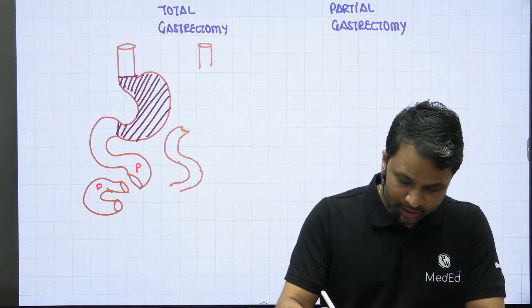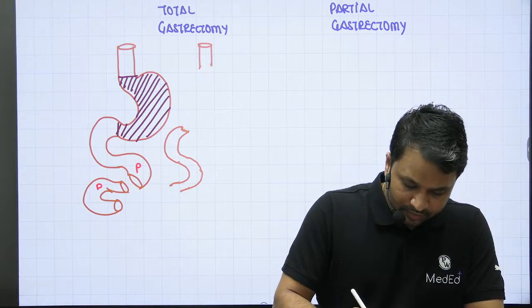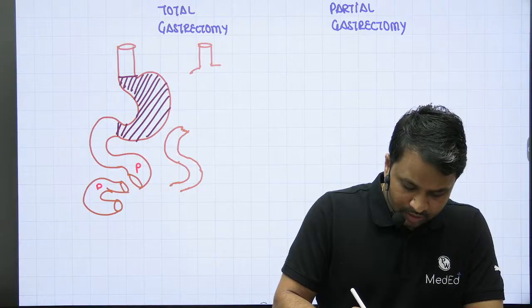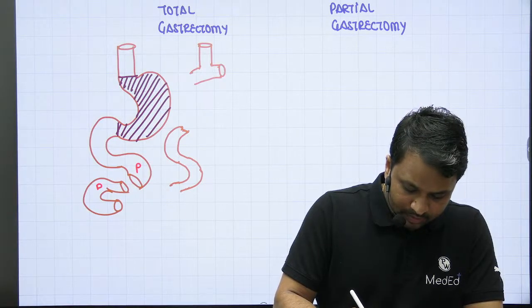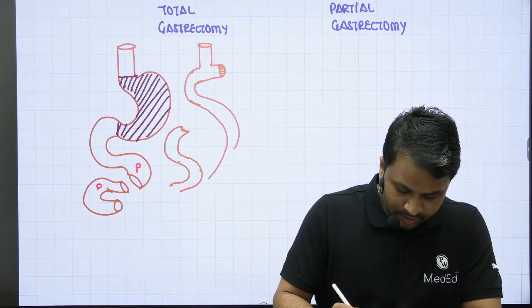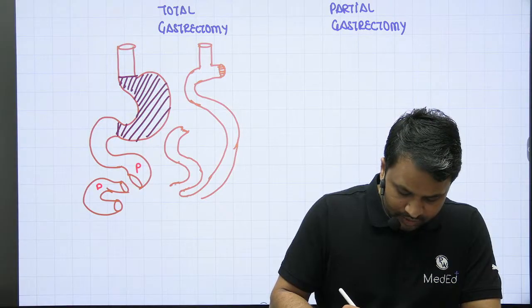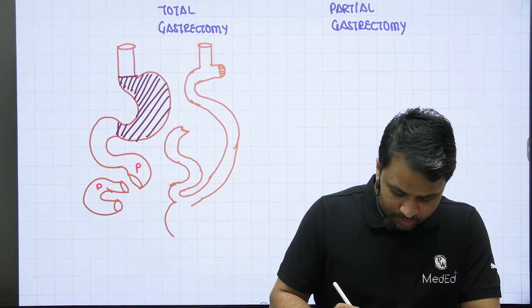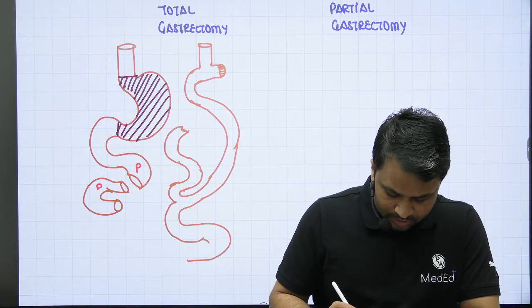It will travel all the way here, and I will make an anastomosis with the esophagus. And as the jejunum continues to travel, this end of the jejunum will be anastomosed with the rest of the jejunum, and this continues to go.